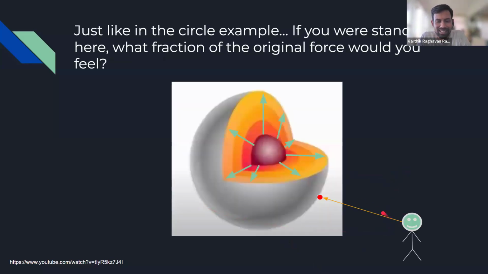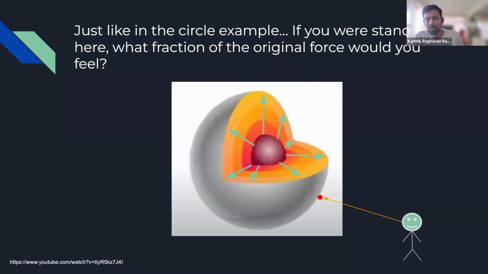Let us say that you are standing here. So my famous diagram strikes again, my famous stickman strikes again. Let's say you are standing here at a point on the sphere. What fraction of the original force would you feel?